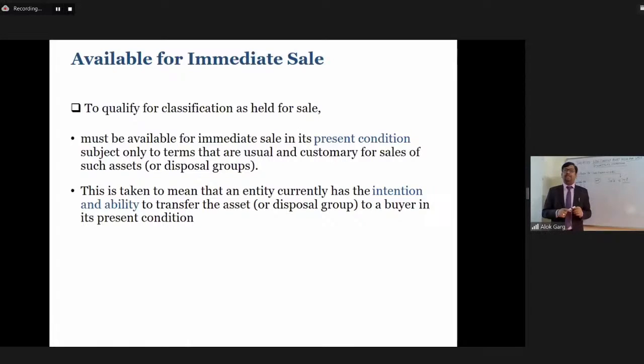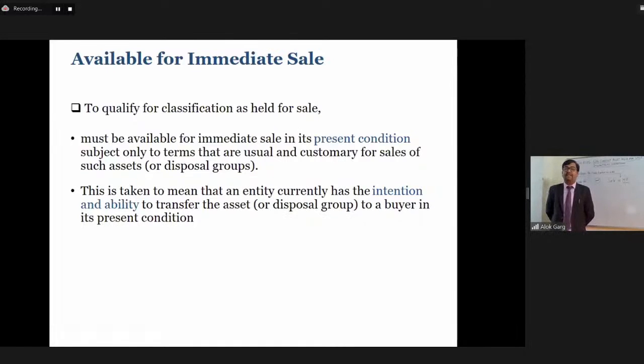So it must be available for immediate sale in present condition. This is taken to mean that an entity currently has the intention and ability to transfer the asset to a buyer in present condition. Now, there must be an intention and ability. For example, the company has an intention to sell the asset, but does not have the ability to sell it. For example, there is litigation going on regarding that building, and the court has put a stay on it.